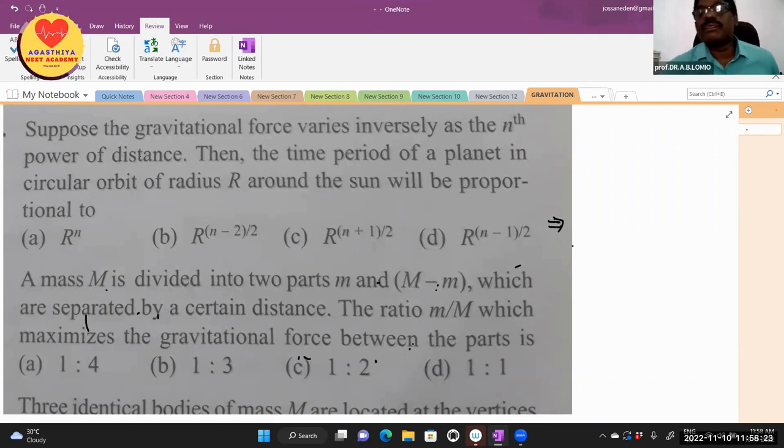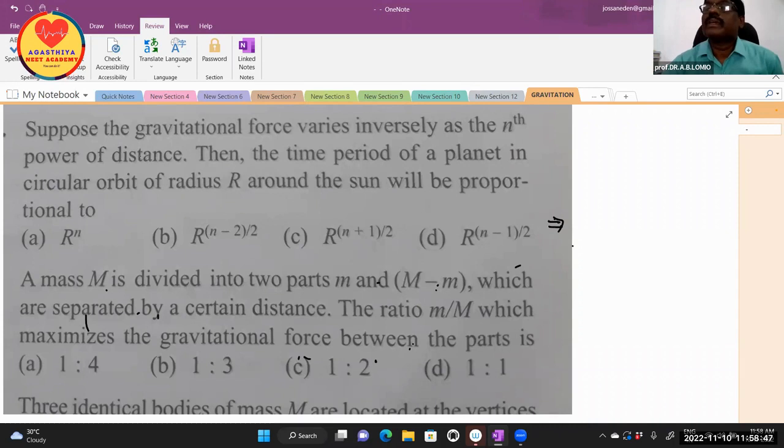The gravitational force varies inversely as the nth power. Usually, as per Newton's law of gravitation, the force is inversely proportional to the square of the distance.